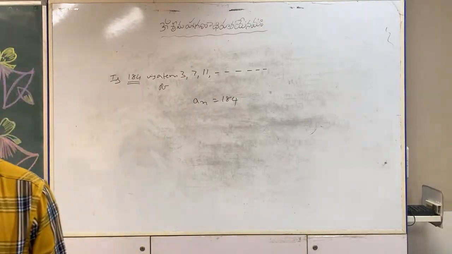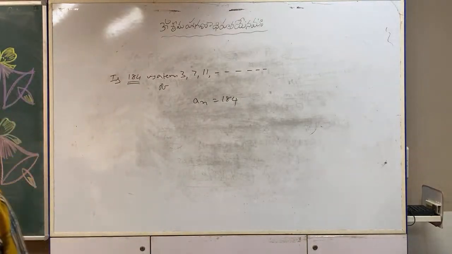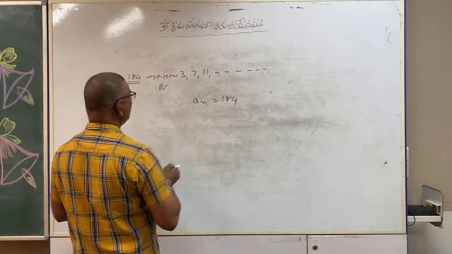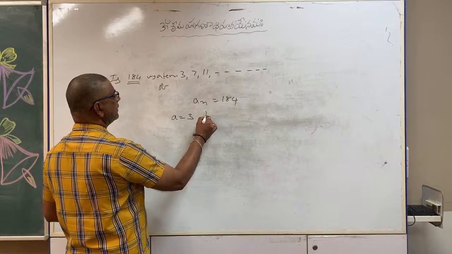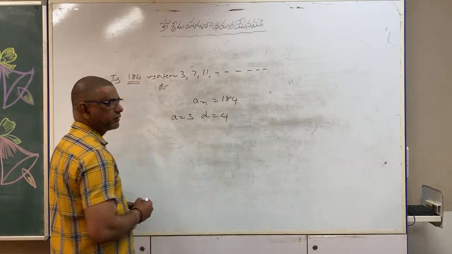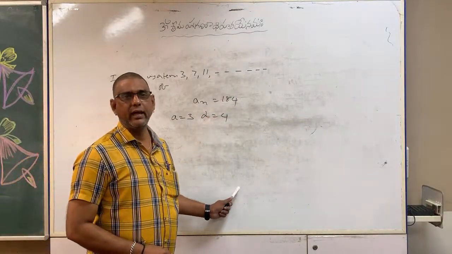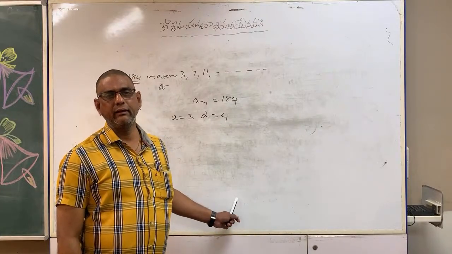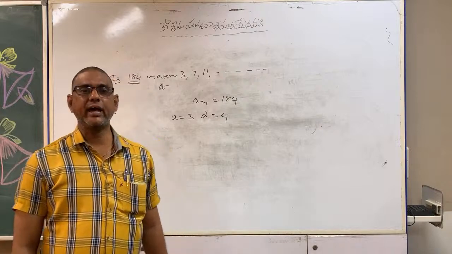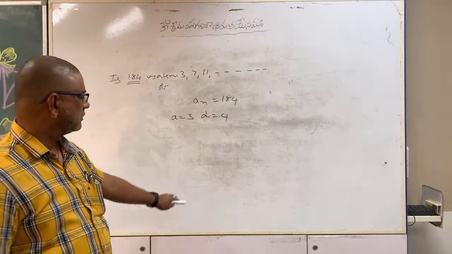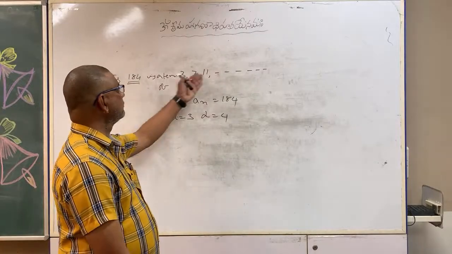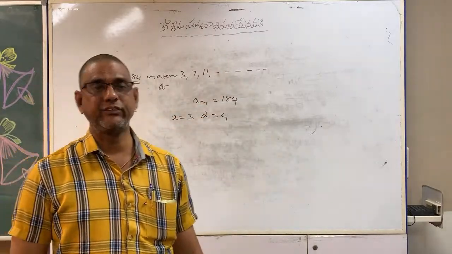We know A is 3, D is 4. If we get an n value here which is a natural number, then it is a term of this AP. Otherwise, it is not.